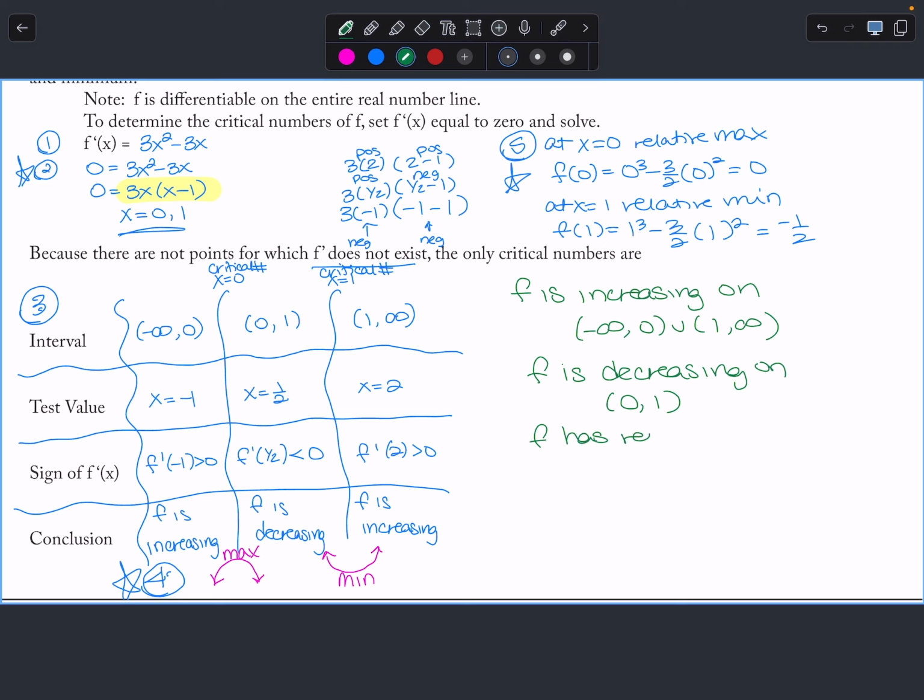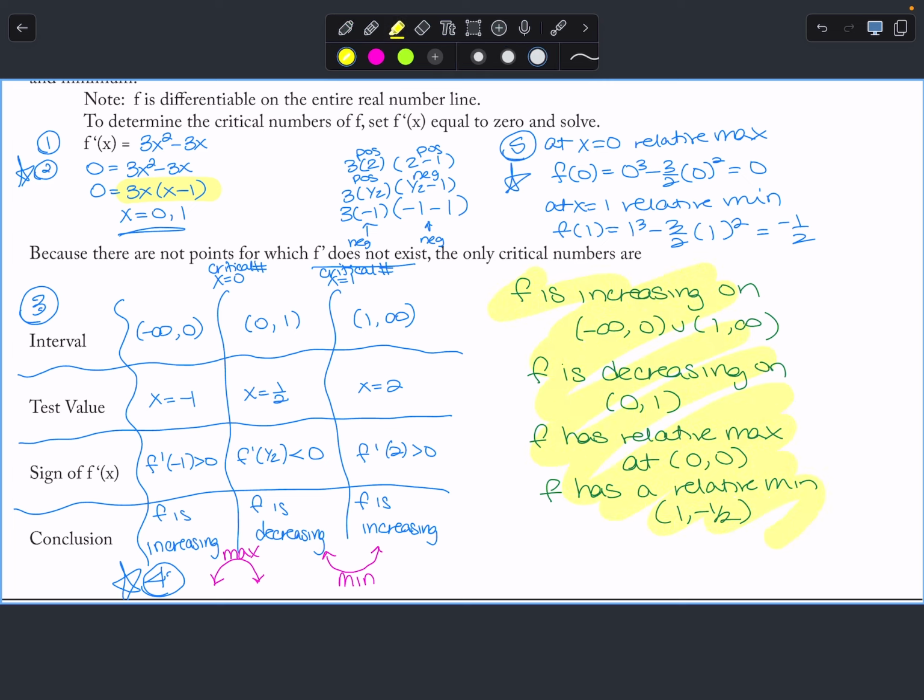F has a relative max at 0, 0, and f has a relative minimum at 1, negative 1/2. And that is your very long answer.